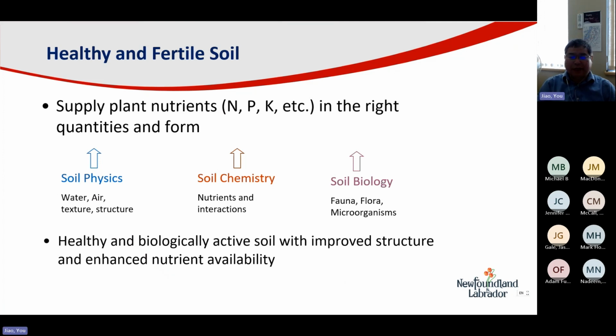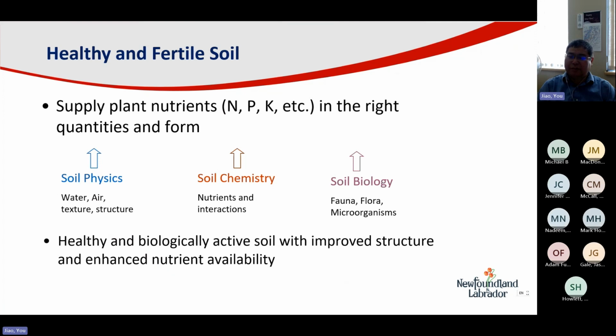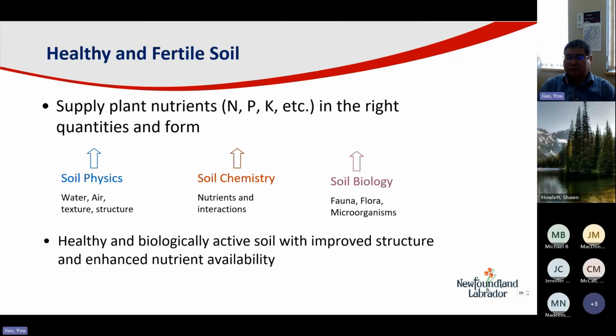And there's also soil chemistry, dealing with the nutrients and nutrient interactions. And soil biology, talking about the fauna, flora, and microorganisms. Soil biology might occupy only around 5% of the soil volume, but it does tremendous work and is a critical part of the soil as a living organism.